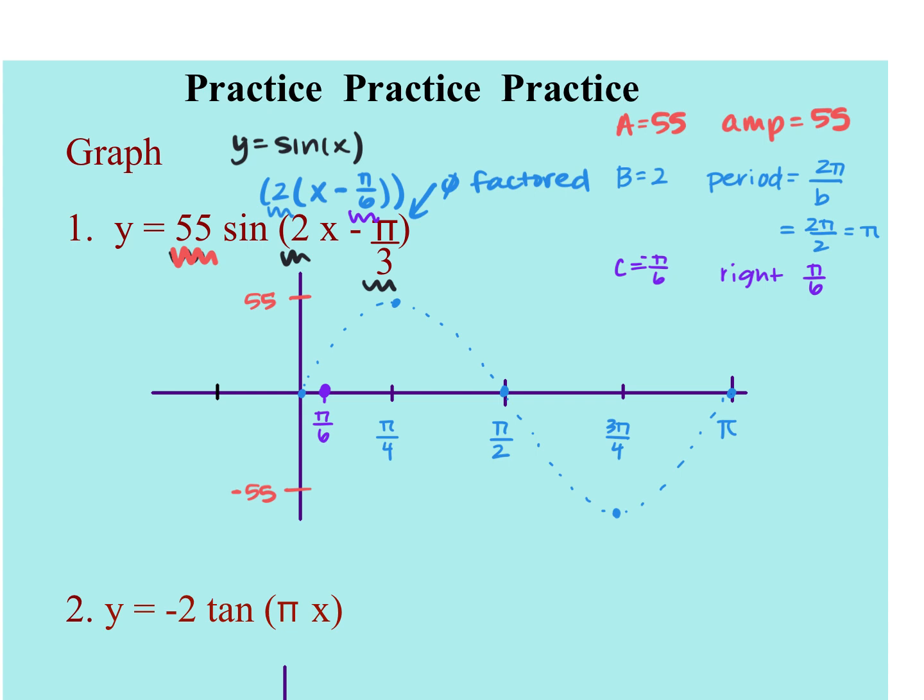I'm going to need to do some common denominator work. So pi over 4 and pi over 6. I need to add pi over 6 to that. Those are going to have a common denominator of 12. So this would be 3 pi over 12 plus 2 pi over 12. So my new location is going to be at 5 pi over 12.